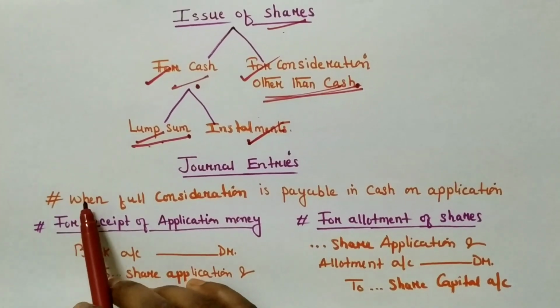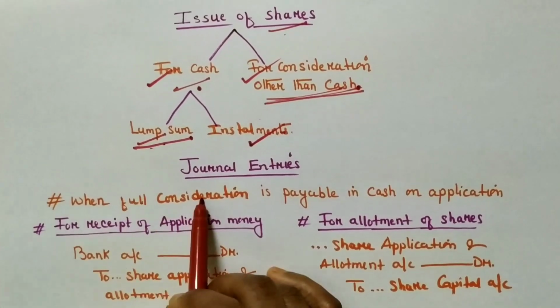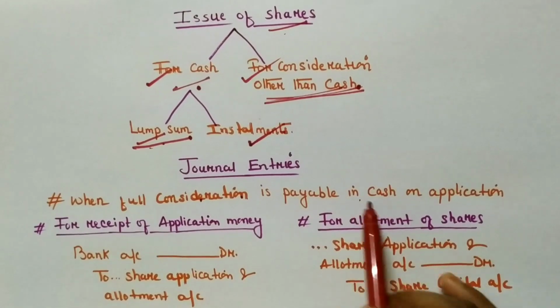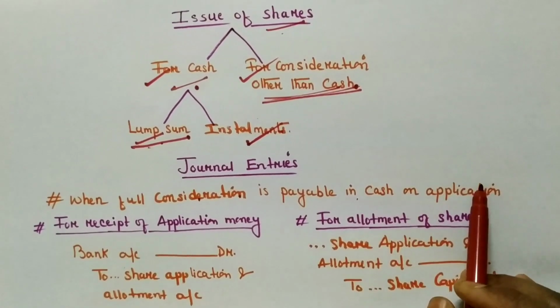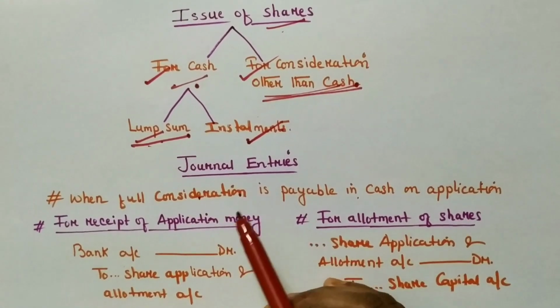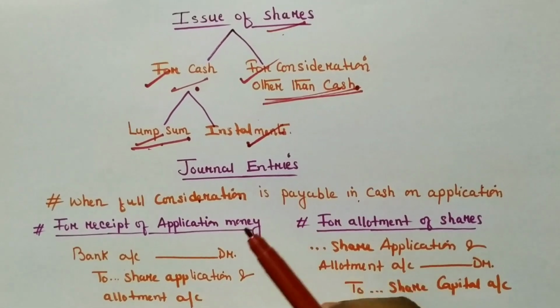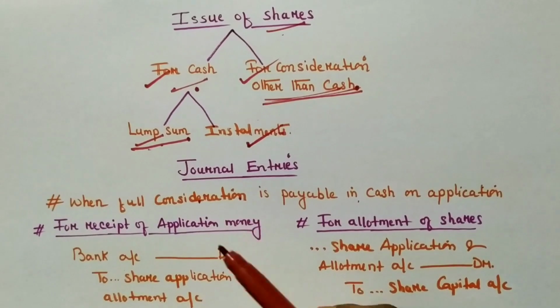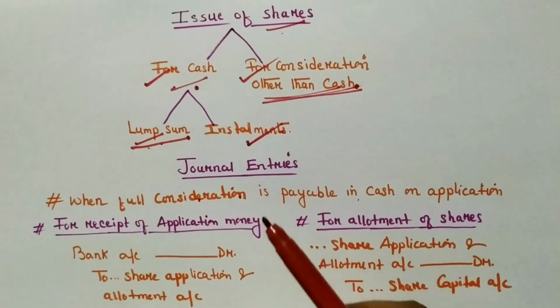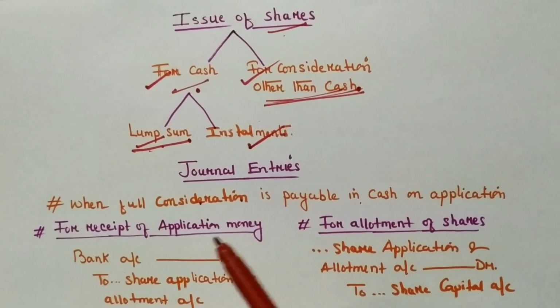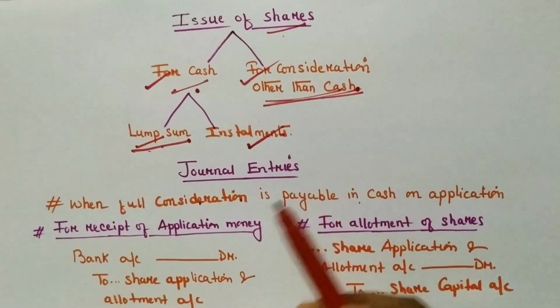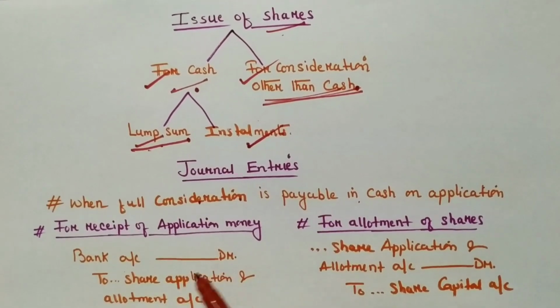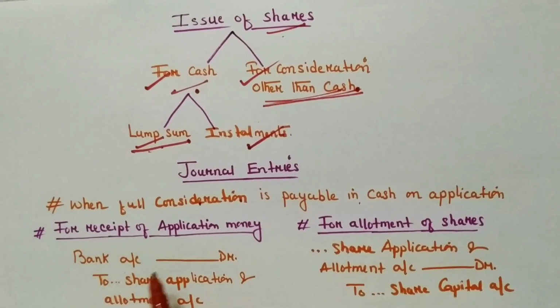When full consideration is payable in cash on application, sometimes shares may be issued in lump sum on condition that the full consideration is payable in cash along with the application. In such a case, we will pass journal entries like this.